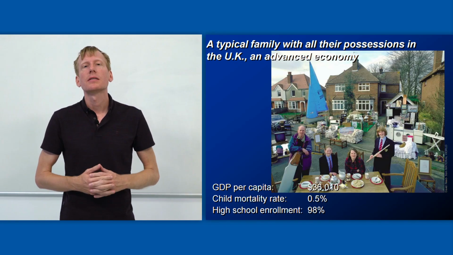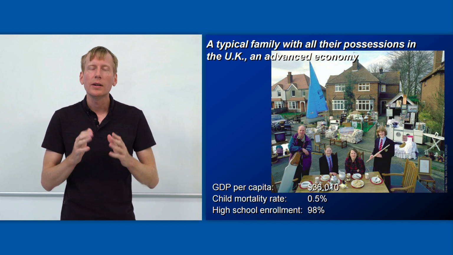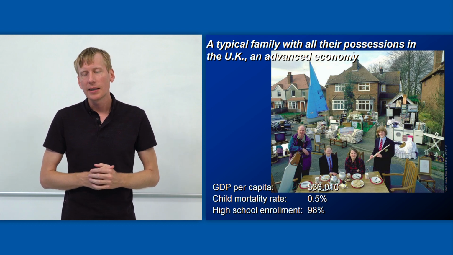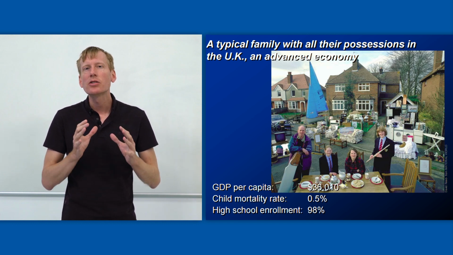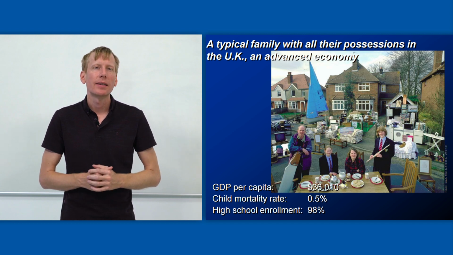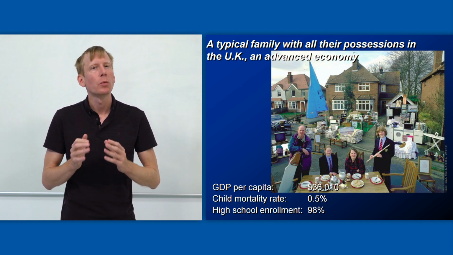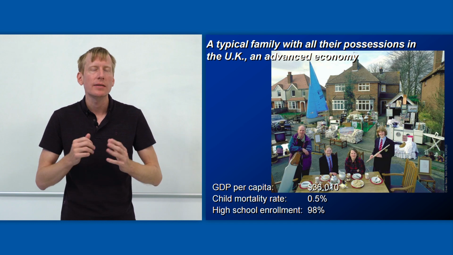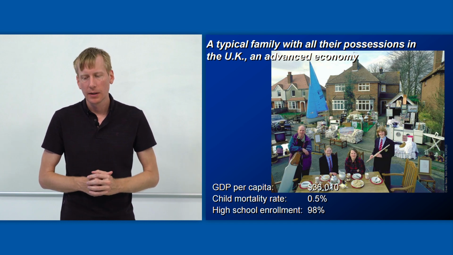Now, the illustration that you have here, to take a look at closely, is intended to represent the tangible possessions of a typical household in one of the wealthy countries in the world with a higher standard of living, the United Kingdom.